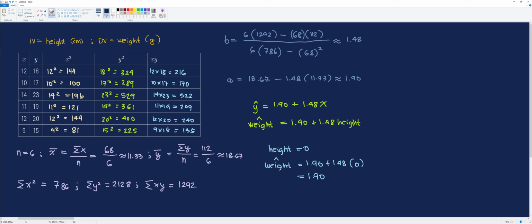To illustrate this, suppose we want to predict the weight of the rat if its height is 10 centimeters. So, height is equal to 10 centimeters.